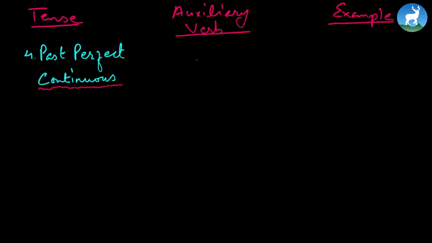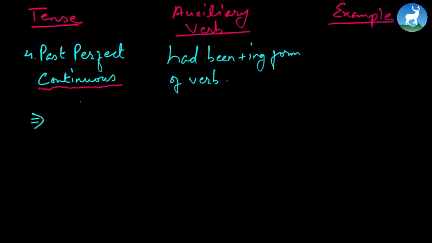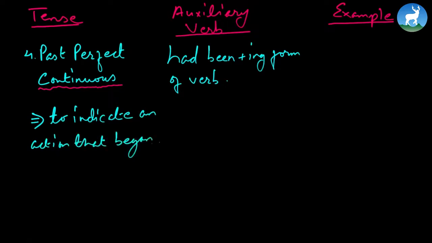Its auxiliary verb is had been plus ing form verb. So what is past perfect continuous? Past perfect continuous is used to indicate an action that began sometime in the past and is still going on.